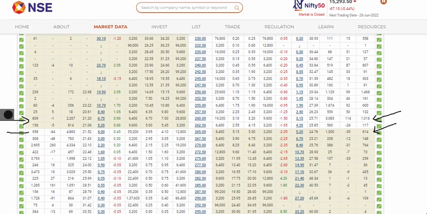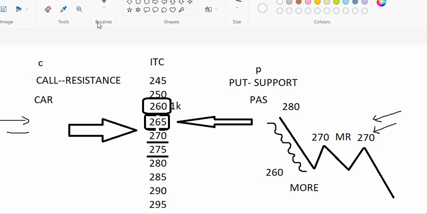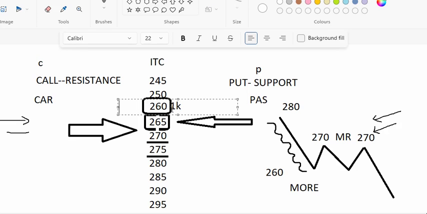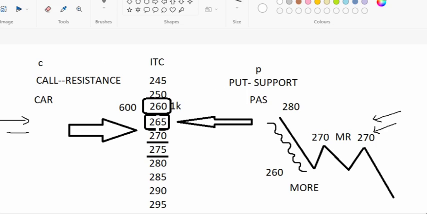We're going to look at the option chain again. 260 has only 609 resistance and almost 1000 as support. One side is 1000, one side is 600. Who is going to win? Of course, the support will win.